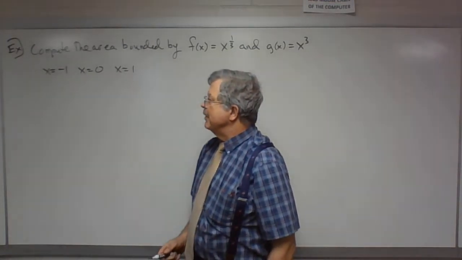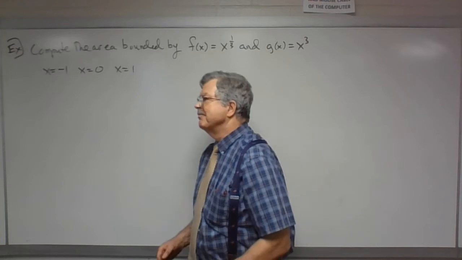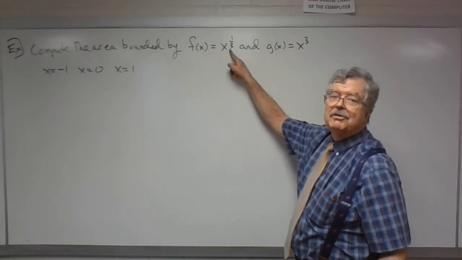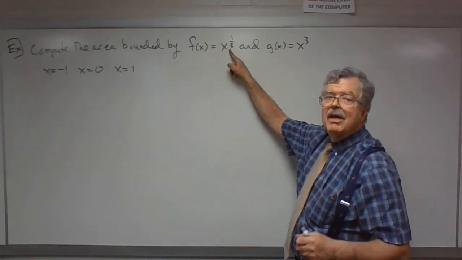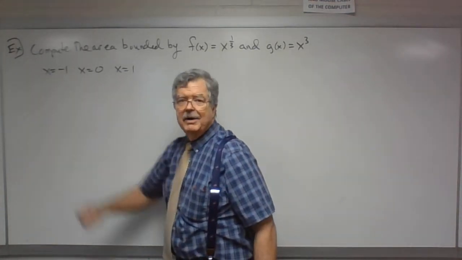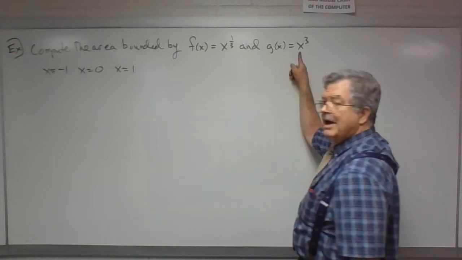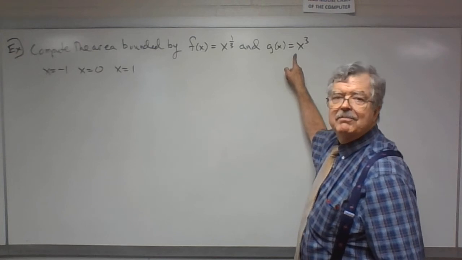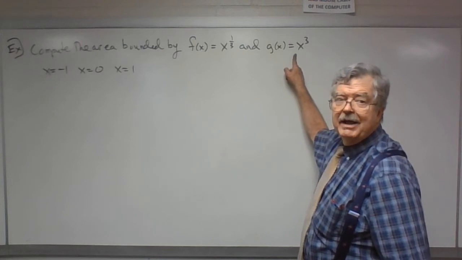X to the power of an odd function, I call this odd because it's a cube root, is going to go through the point -1, -1. This is an odd function, it's x cubed. It's going to go through the point -1, -1.